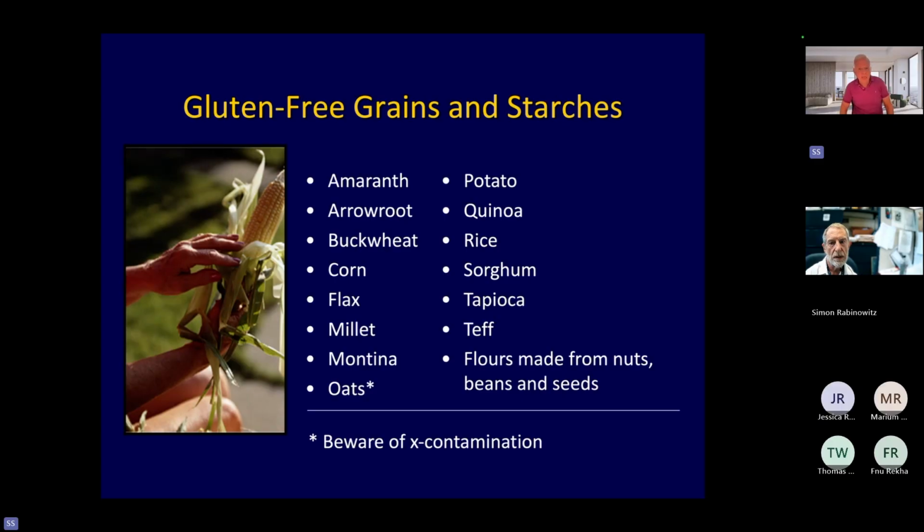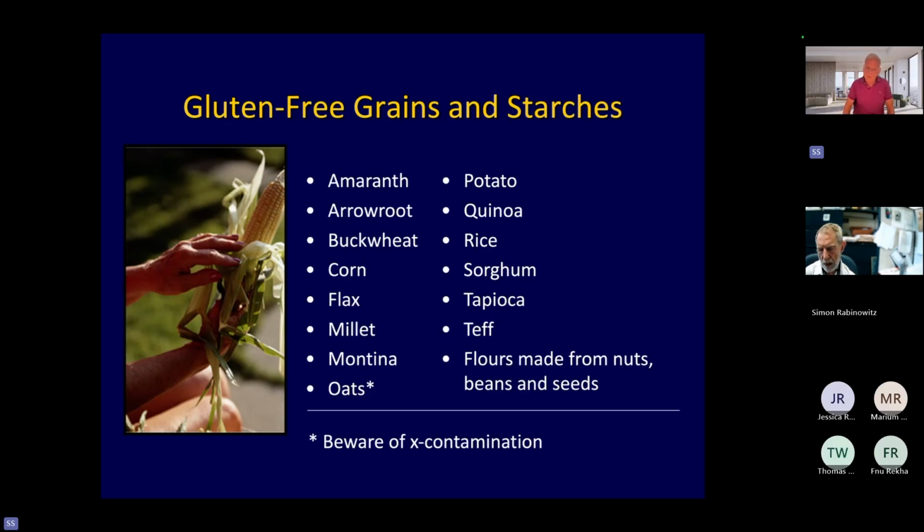The gluten-free grains and starches are shown here. We talked about buckwheat. Quinoa is another one. Again, there are brands of all of these grains which may say this is manufactured in a facility which also manufactures gluten-containing products.